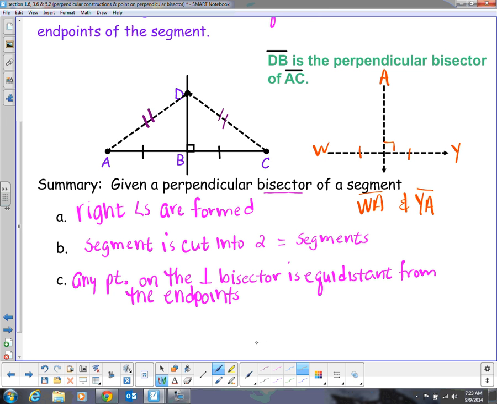You see they're not drawn, but what is the relationship if you know that this segment right here is a perpendicular bisector? Brittany? Right, they're equal to each other.